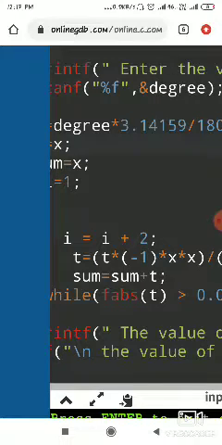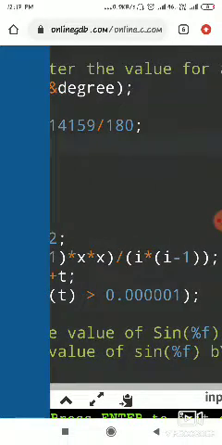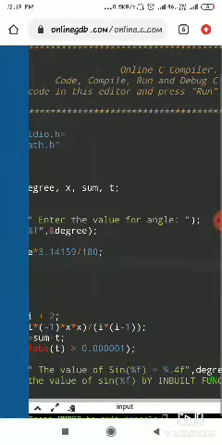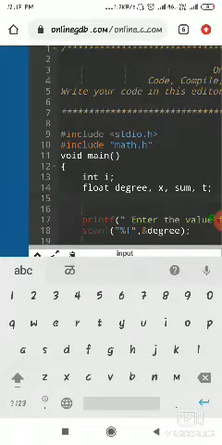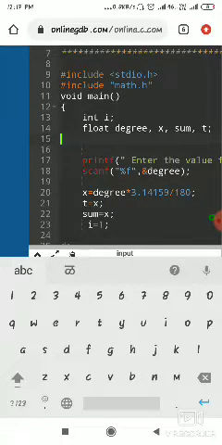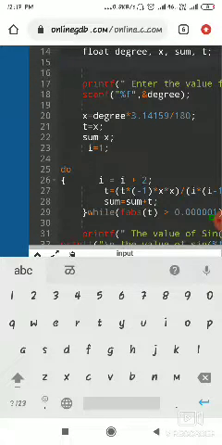As our t variable is a floating point number, we are using floating absolute, fabs. If t is greater than 0.0001, it will keep executing.